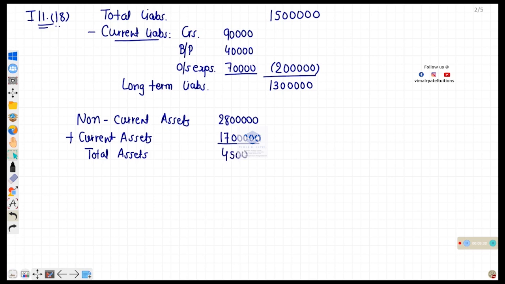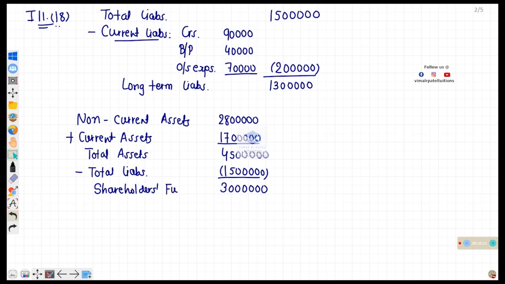So total asset 45 lakh. Now total assets minus total liability, that is your shareholders fund.